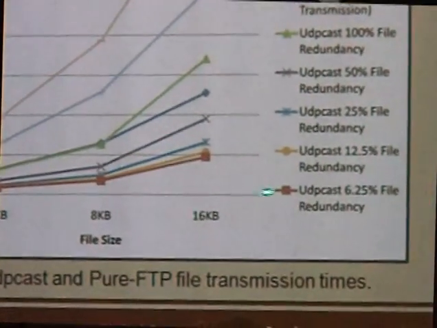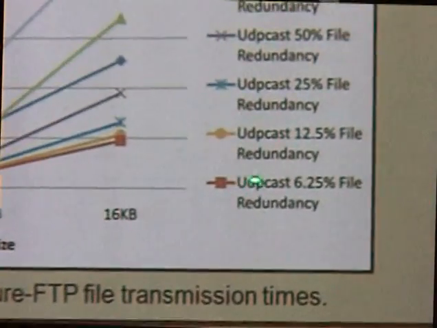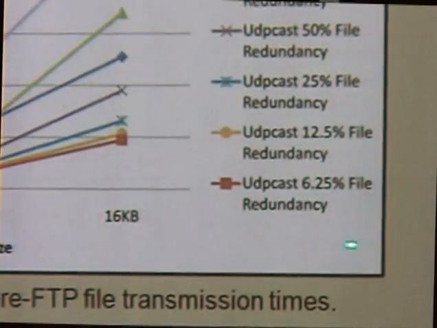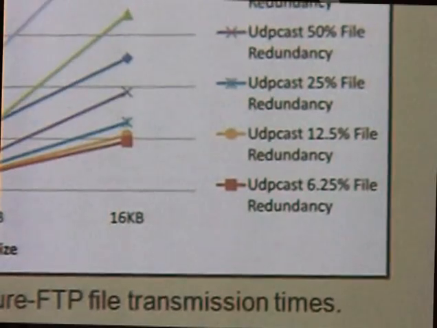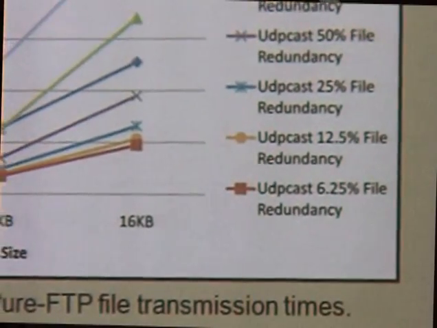I started off here at the bottom. So here's a UDPcast at 6.25% redundancy. So if I use the IRS combination 1 by 1/16, that gives me this 6.5. Here are the plots for that at 4 kilobytes, 8 kilobytes, and 16.